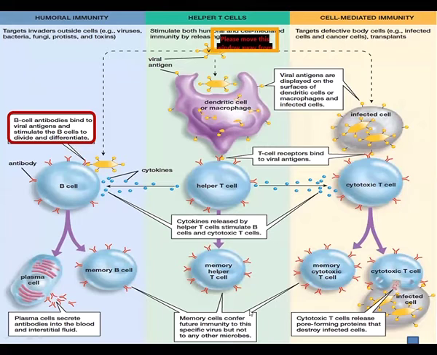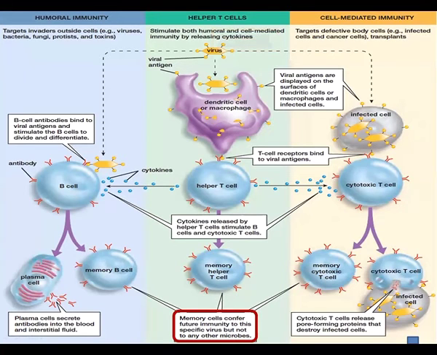So finally, we have three types of memory cells: memory B cells, memory helper T cells, and memory cytotoxic T cells. All these memory cells will confer future immunity to this specific virus, but not to any other microbes.